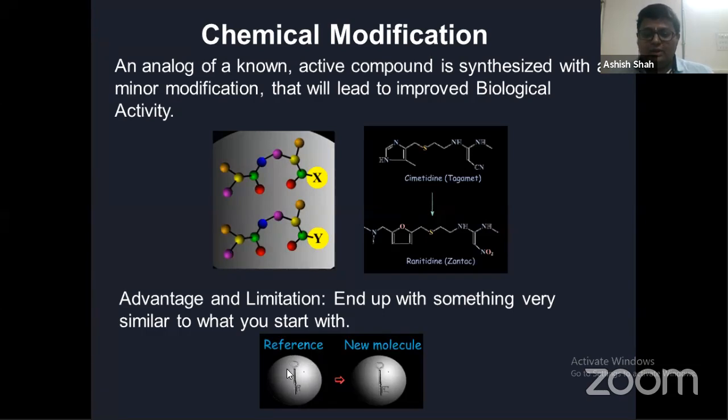So you can see over here the reference and the new molecule. The shape of the key is the same, so that I am able to open the lock. Lock means the receptor. So the aim of chemical modification is that we change certain functional groups, but the shape should remain the same.